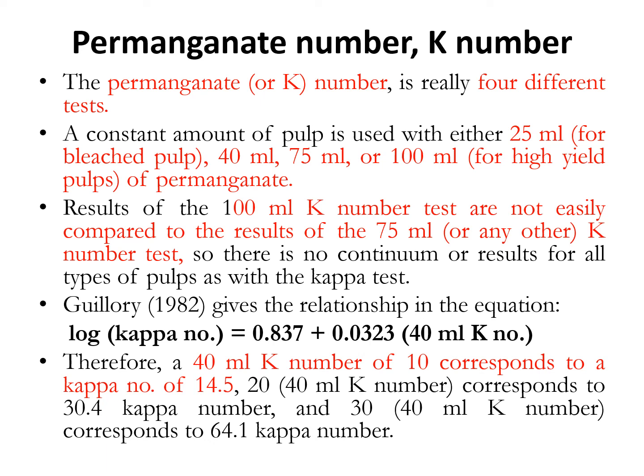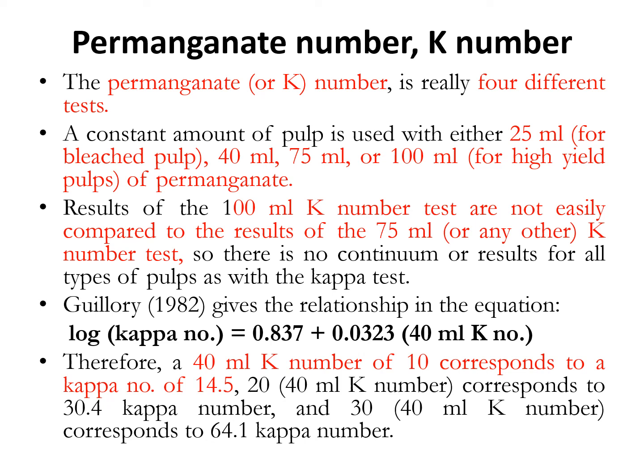Now, results of the 100 ml K number test are not easily compared to the results of 75 ml or any other K number. So, there is no continuum of results for all types of pulp as with the Kappa number. Actually, these are 4 different tests.